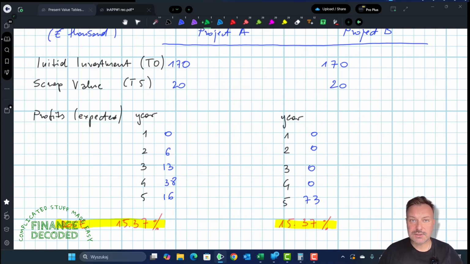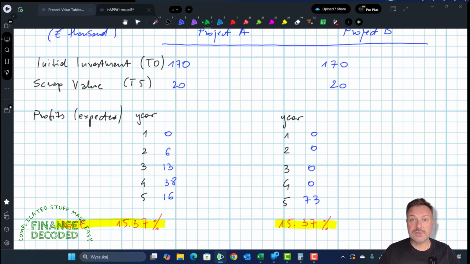Okay, it's not difficult to notice that actually the total profit, after ignoring the time value of money, of both projects is the same. Okay, it's 73. When you add expected profits in project A to each other, you get 73. So it's not a surprise that the return on capital employed on two projects is identical.